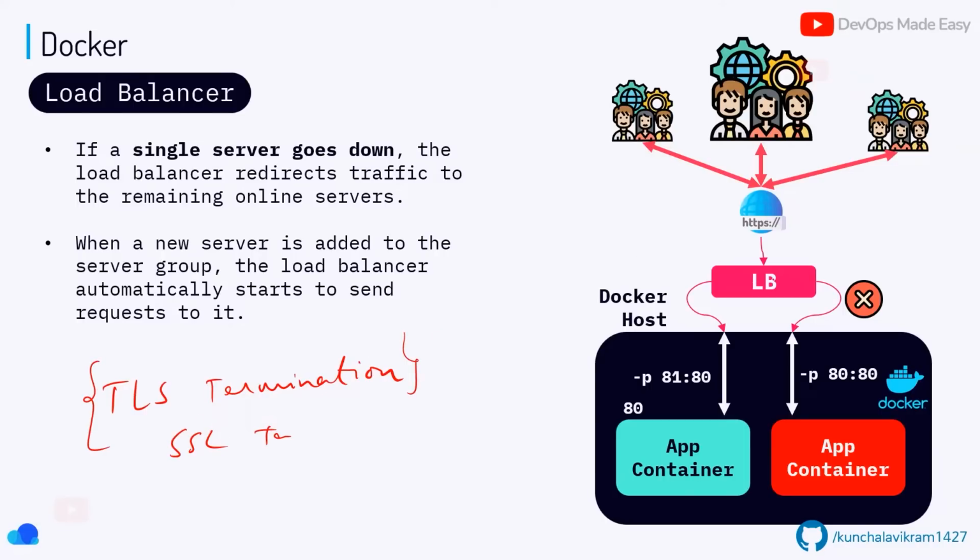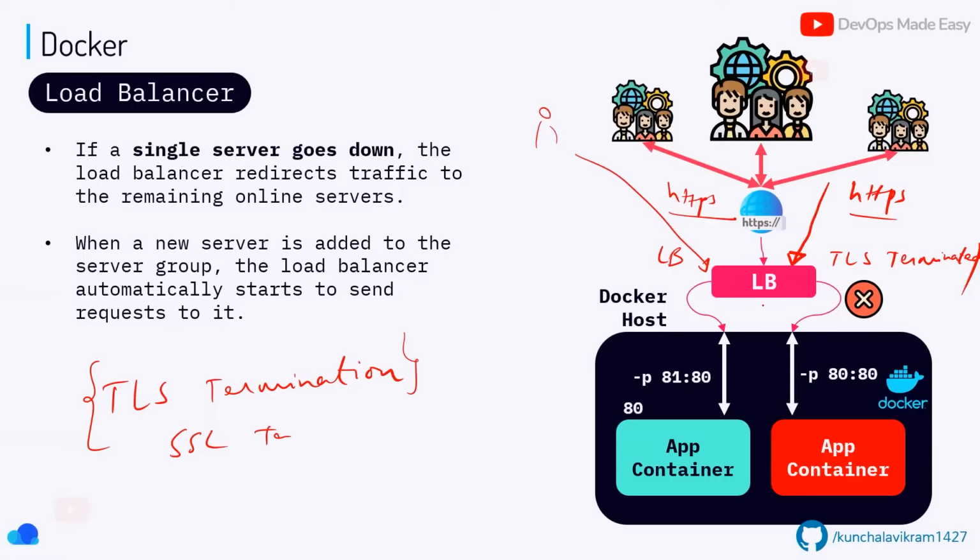So if I say TLS is terminated at LB, it means till LB, till its input, the traffic is all encrypted. It is always HTTPS from outside. Anyone who has to talk to LB needs to use the HTTPS protocol only.